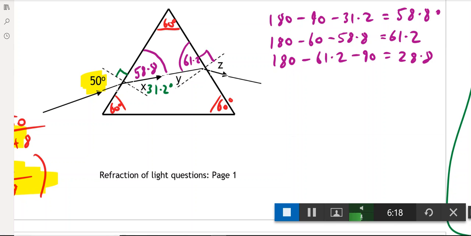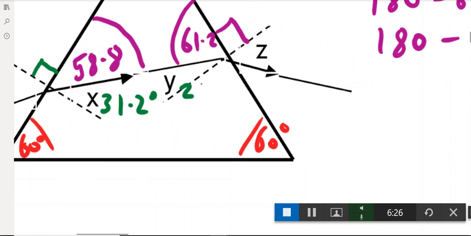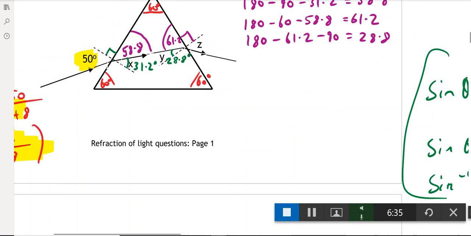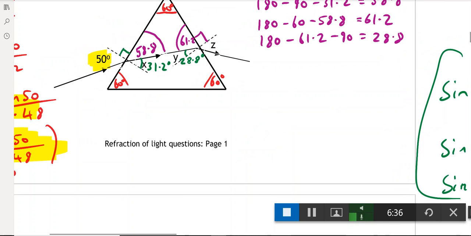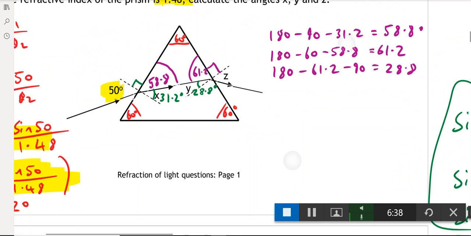So we can go back to the green pen, 28.8. In fact, we'll see if we can zoom in to make that a bit neater. Okay, so we now know that y is 28.8 degrees.